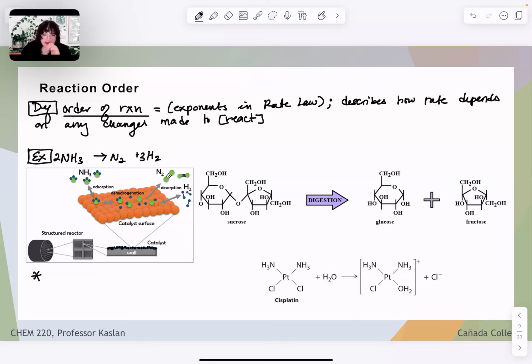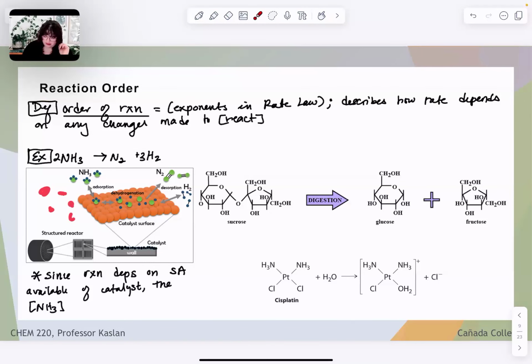If we think about this particular reaction that is catalyzed, we will see that since the reaction depends on the surface area available of the catalyst, the concentration of ammonia that could be present in the surrounding environment, so I could have ammonia here, here, here, here, here, right?